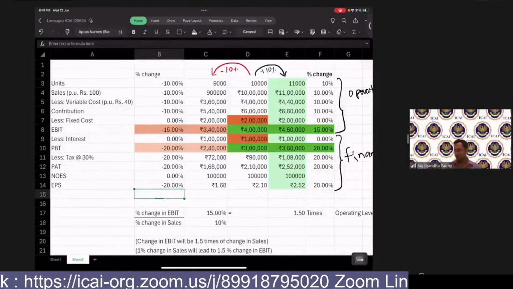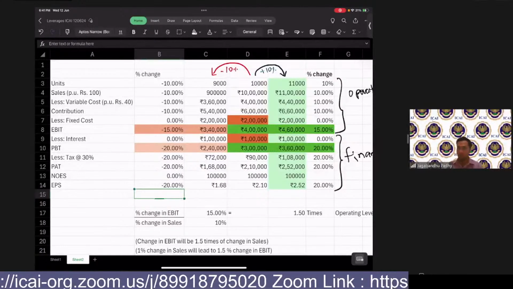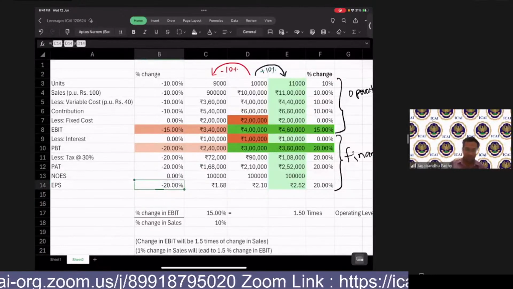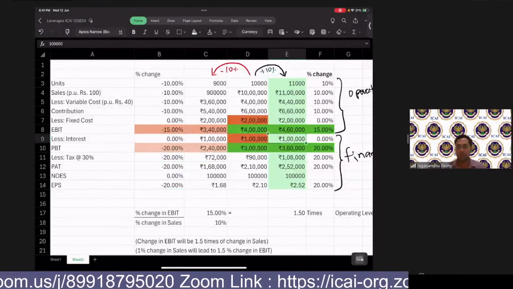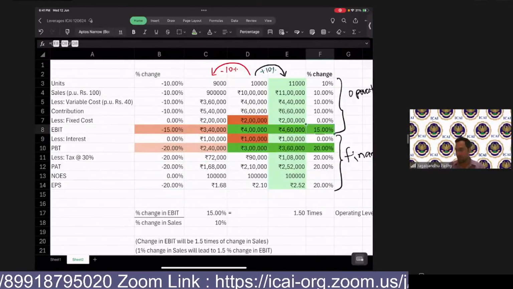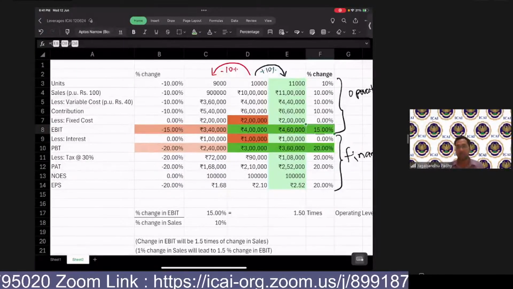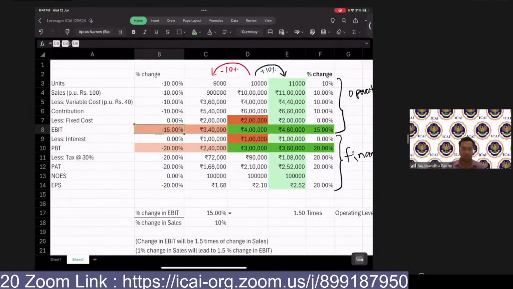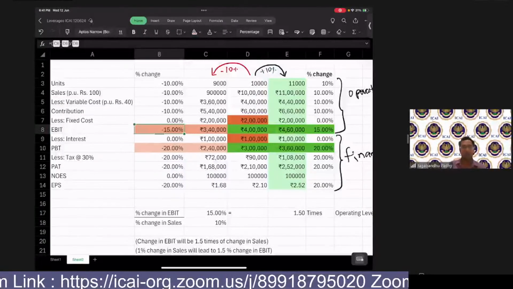Right? So if you have leverage, it means you can have favorable numbers or you can also have unfavorable numbers. If EBIT was changing by 15% on the positive side, it can also fall by 15%, on the negative side.